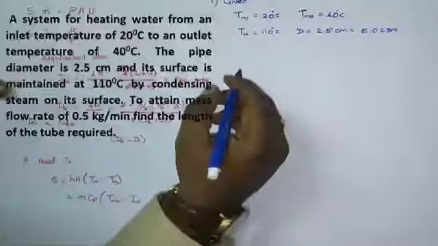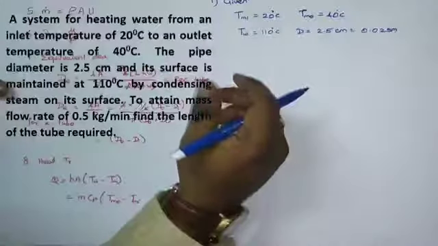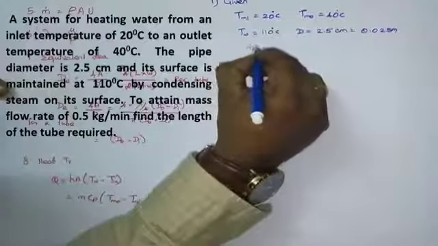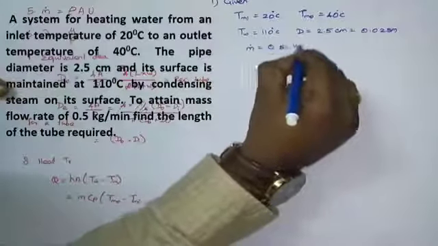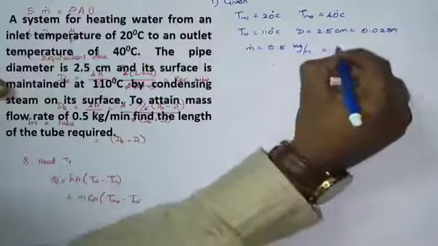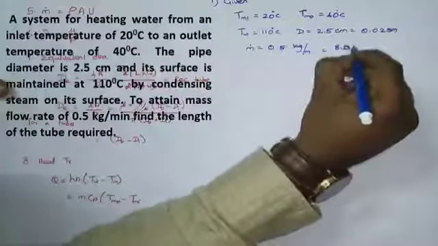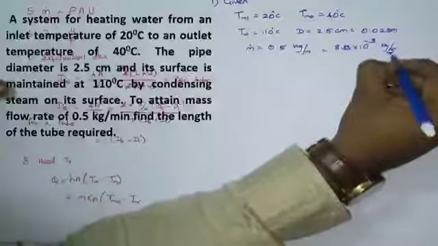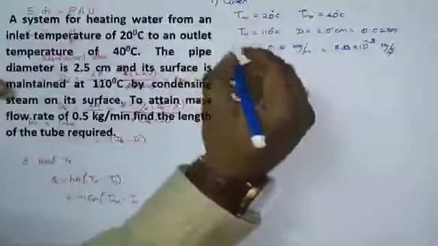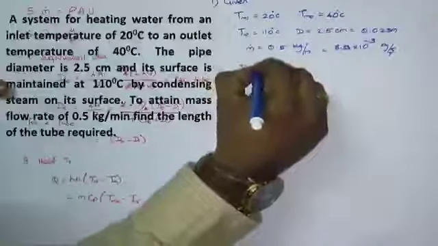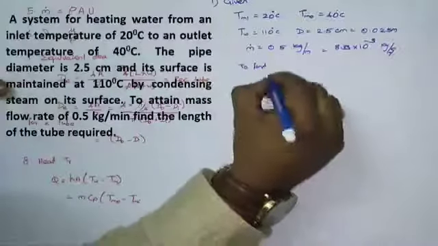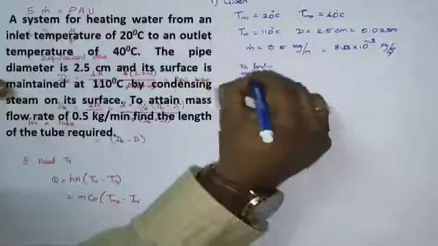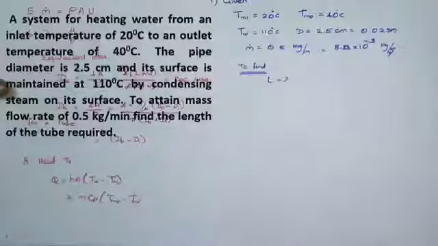To attain the mass flow rate of 0.5 kg per minute, so m dot equal to 0.5 kilogram per minute, which is equal to 8.33 into 10 to the power minus 3 kilogram per second. Now you are asked to find the length of the tube required.